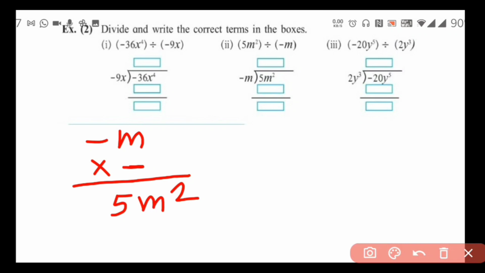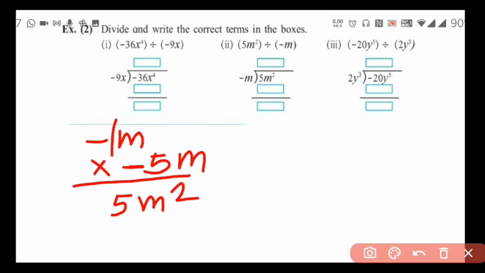Now no coefficient means 1 is always there. So 1 multiplied by what gives 5? 1 multiplied by 5 we get 5, correct? And then m into m will be m square. So minus 1m multiplied by minus 5m gives 5m square.